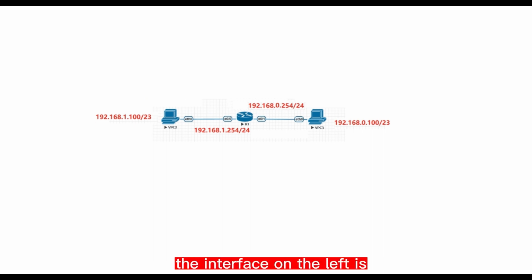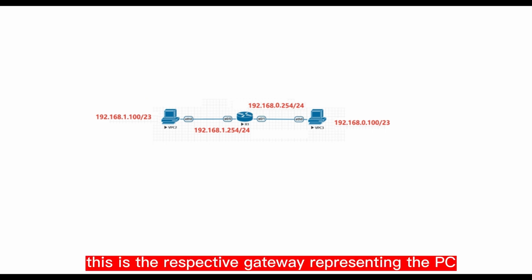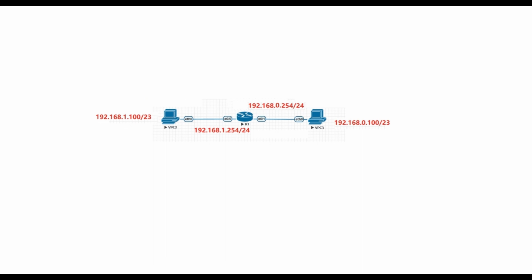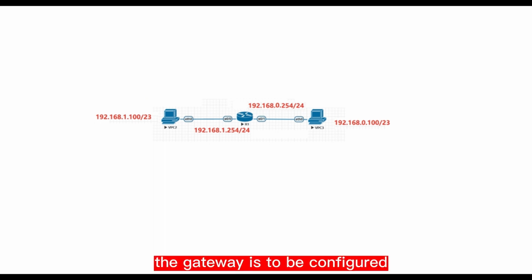The interface on the left is 192.168.1.254. They are both 24-bit masks. This is the respective gateway representing the PC. But we don't configure the gateway for now. If we access across network segments, in fact, the gateway has to be configured.